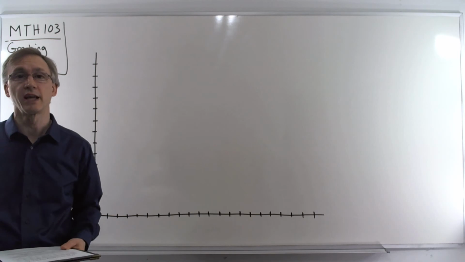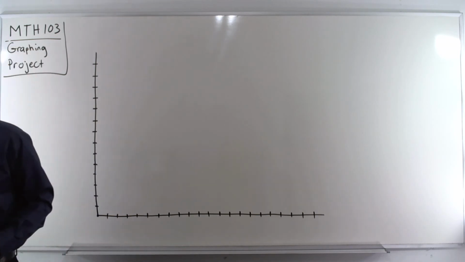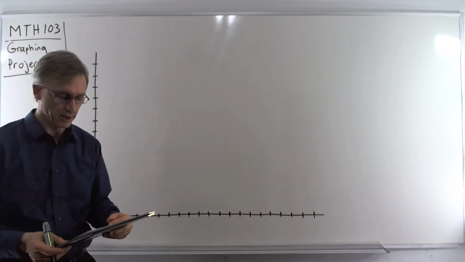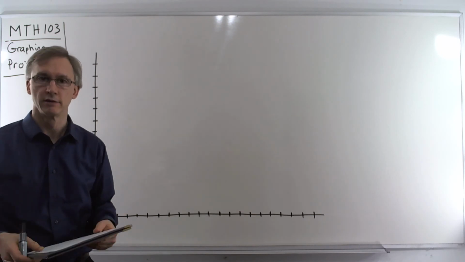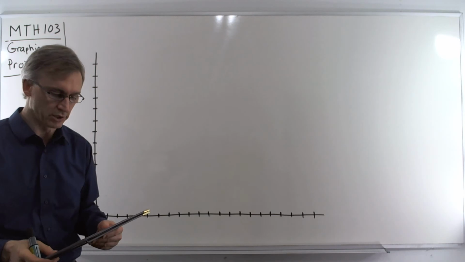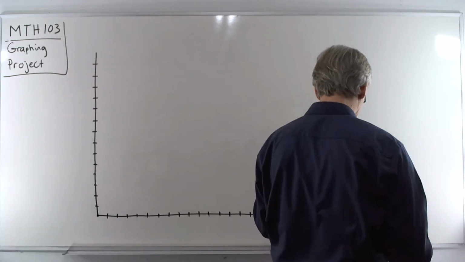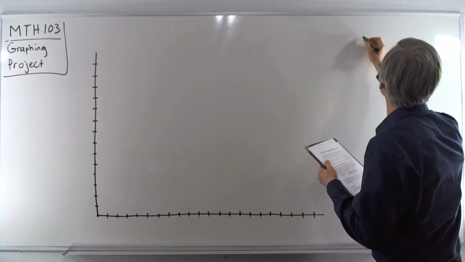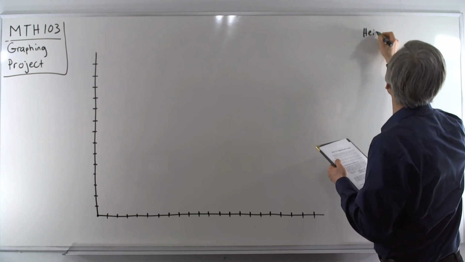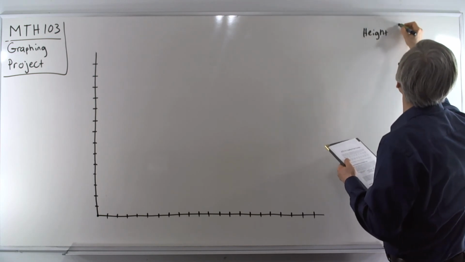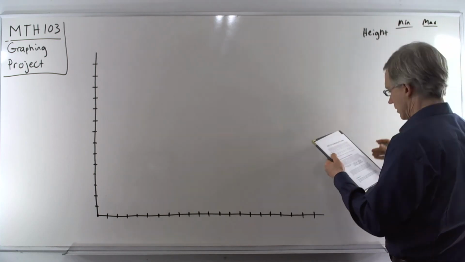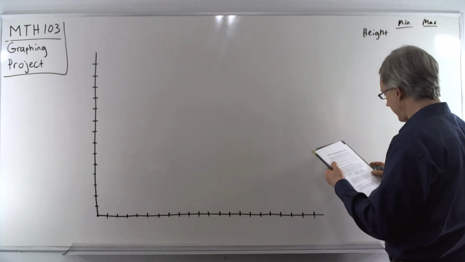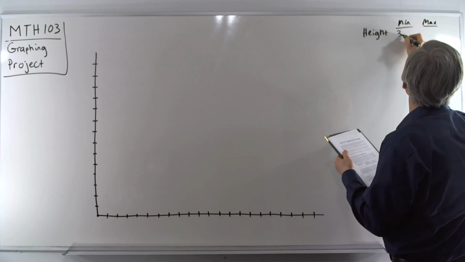All right, so now we're going to scale the axes. In order to scale these axes, the first thing we need to determine is the maximum and minimum values in each data set. So for the height, we have a minimum value of 3.1.